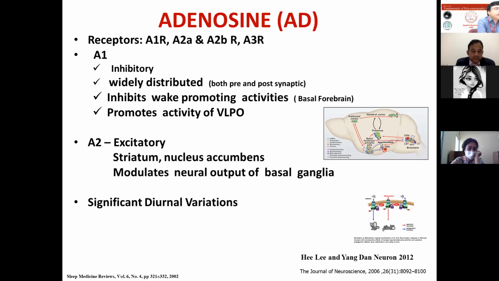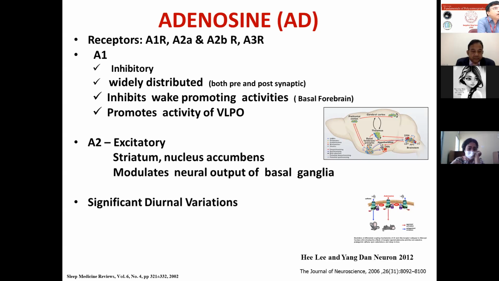By this time we know that VLPO is sleep promoting, and the activity of the basal forebrain is important for wake. Therefore A1, by its inhibitory activity, inhibits the wake promoting activity of the basal forebrain and promotes the VLPO activity so that sleep is initiated.